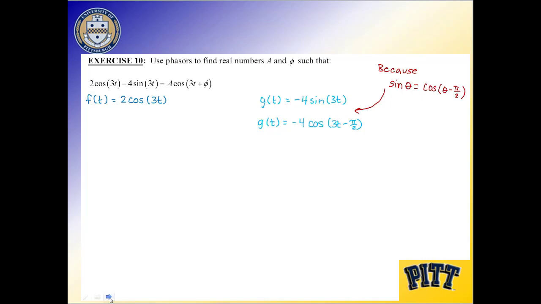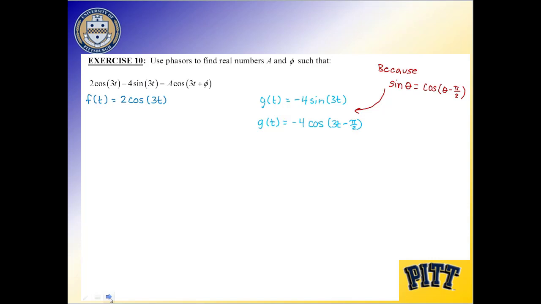The problem is that g of t currently is not in terms of cosine, and that process only works if the original function's in terms of cosine. So for g of t, I'm going to use the fact that the sine of theta is equal to cosine of theta minus pi over 2. So I'm going to turn g of t into negative 4 times the cosine of 3t minus pi over 2.